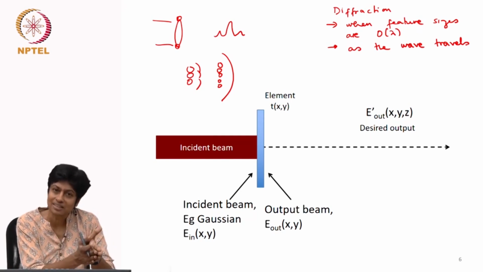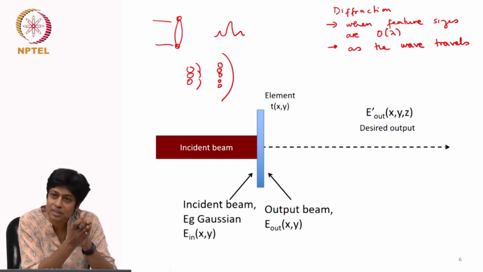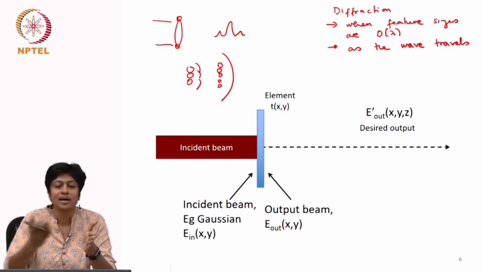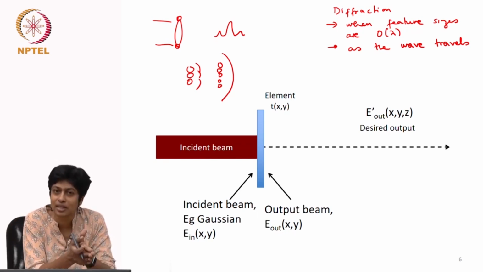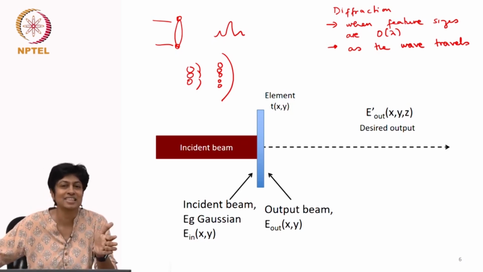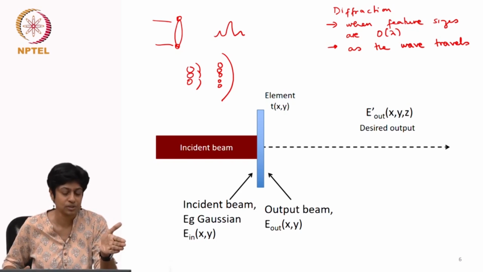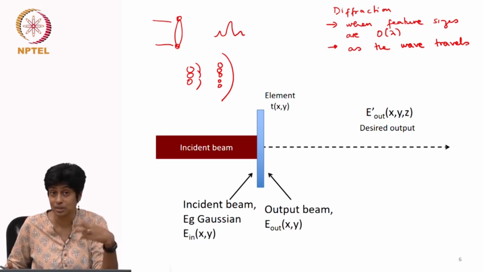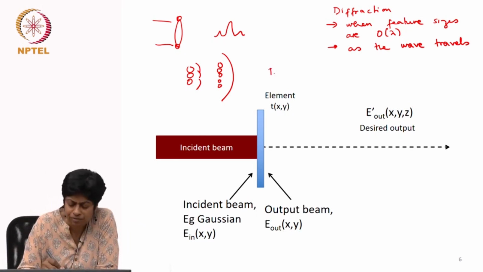What if I create a structure that causes a specific intensity and phase pattern? I can also use a diffractive element, just like I use a refractive element, and have a desired intensity and phase distribution. So diffraction in an imaging system is a problem, but diffractive optics becomes a tool.